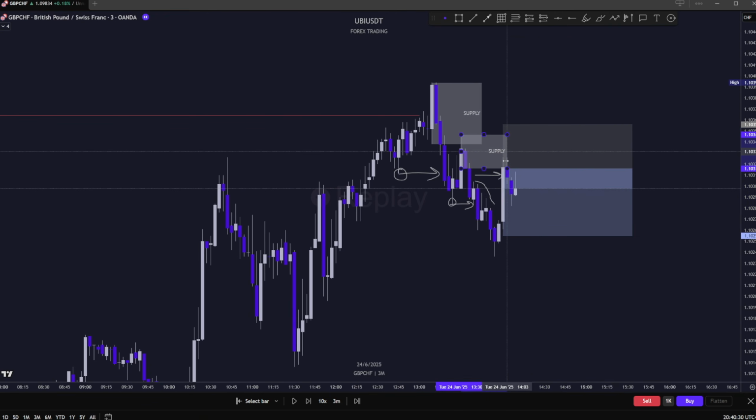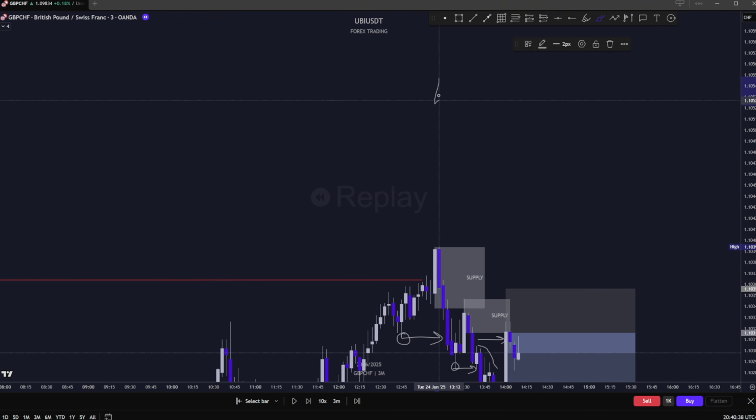And once we execute sells, we should always know where our take profit is. Once you enter a trade, you have an entry, and you should also know where your exit point is. It's not only about the entry point.